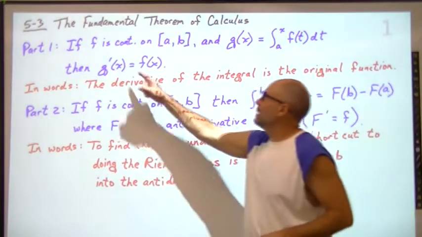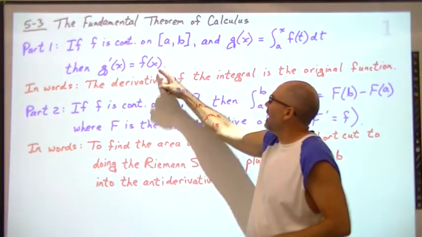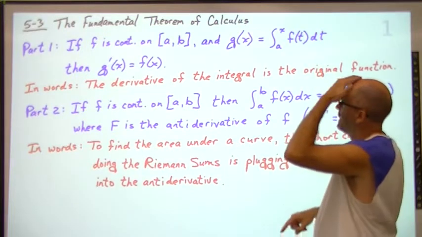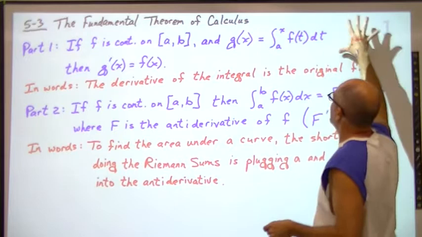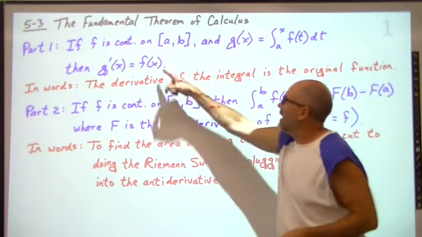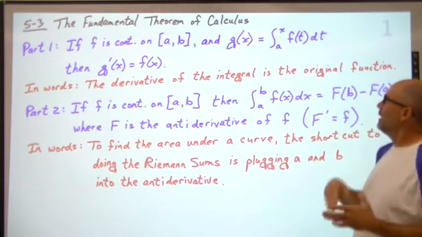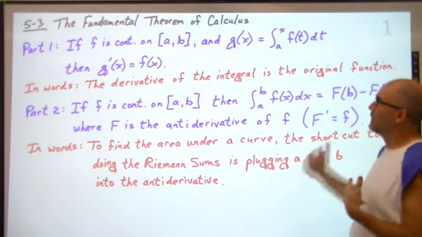Then g prime of x equals f of x. What does that mean? That means if I take the derivative of this integral, I get the original function. The derivative of the integral is the original function.